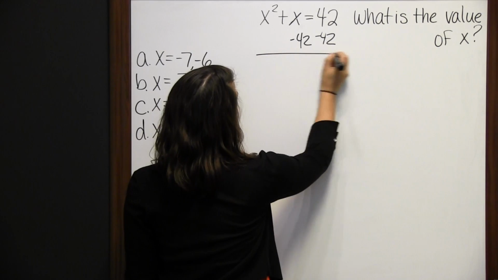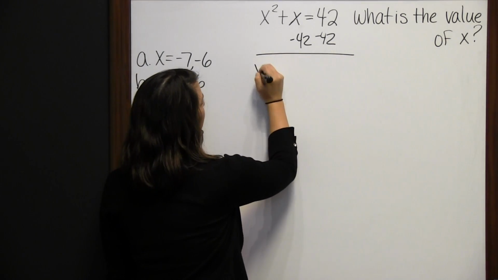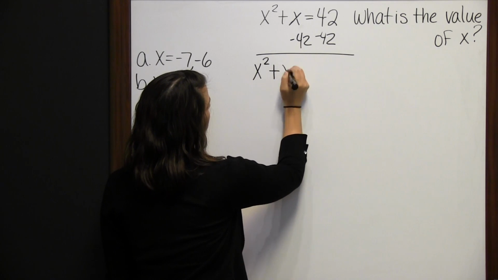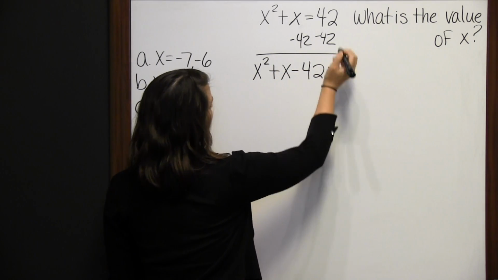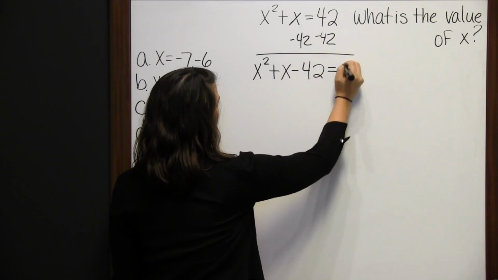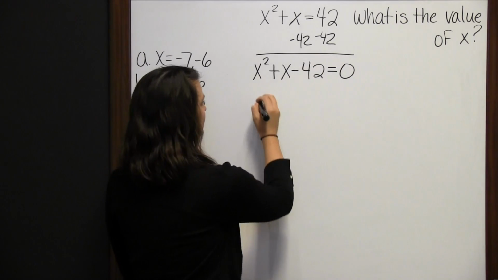So subtract 42 from both sides of the equation. So I have x squared plus x minus 42 equals 42 minus 42 is 0. Now I'm ready to factor this trinomial.